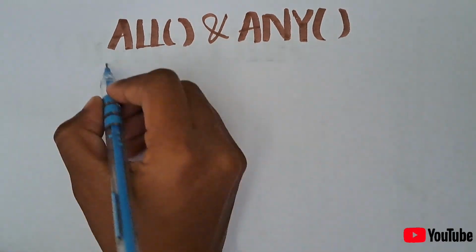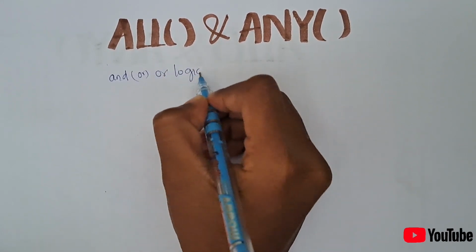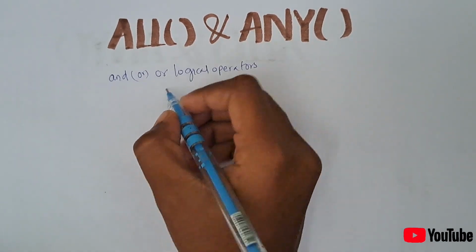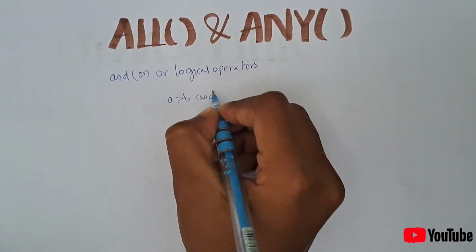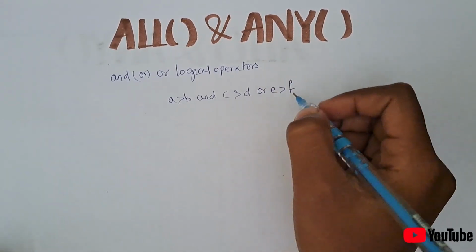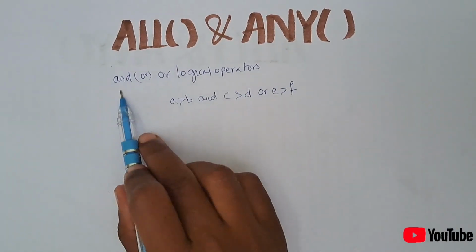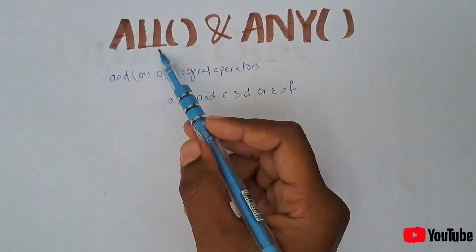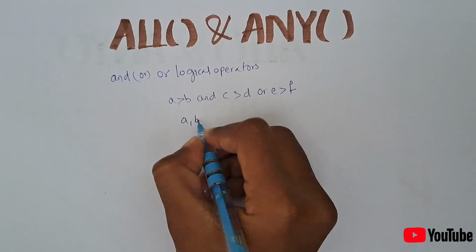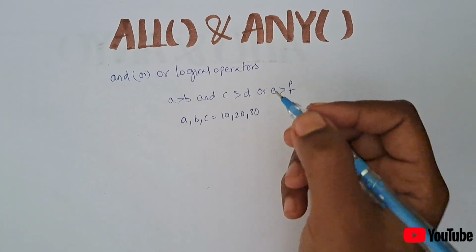Basically, we use and, or logical operators for conditions like A is greater than B and C is greater than D or E is greater than F. Instead of using and, or logical operators, we will go with the all and any functions. Let us consider an example, and I will show you the execution in the continuation of this video.